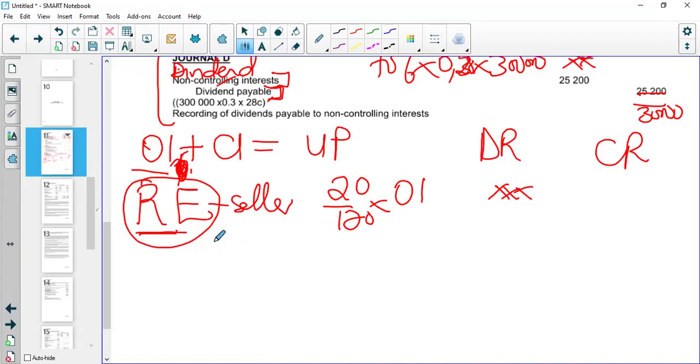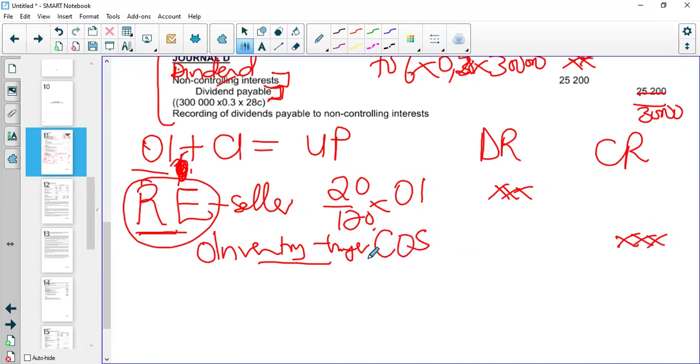Then we're going to affect the opening inventory of the buyer, because the buyer's opening inventory would also be too much. You have included unrealized profit in opening inventory, it should be excluded. So this could be opening inventory or cost of sales, because your opening inventory is going to go into cost of sales.